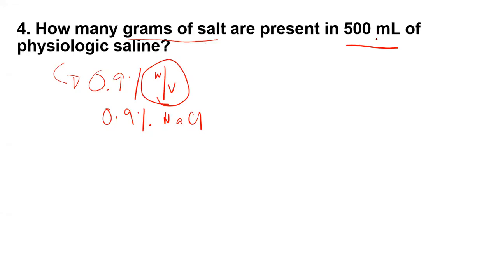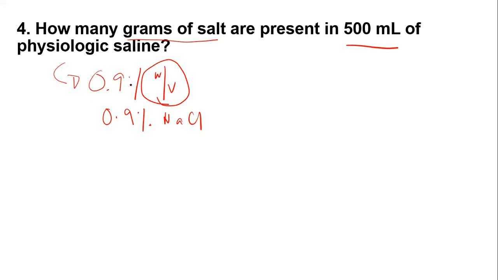In other words, the solution in the denominator is expressed in terms of volume. That's why it is in mL here. That's why I can safely assume that the 0.9% here is expressed as W over V.